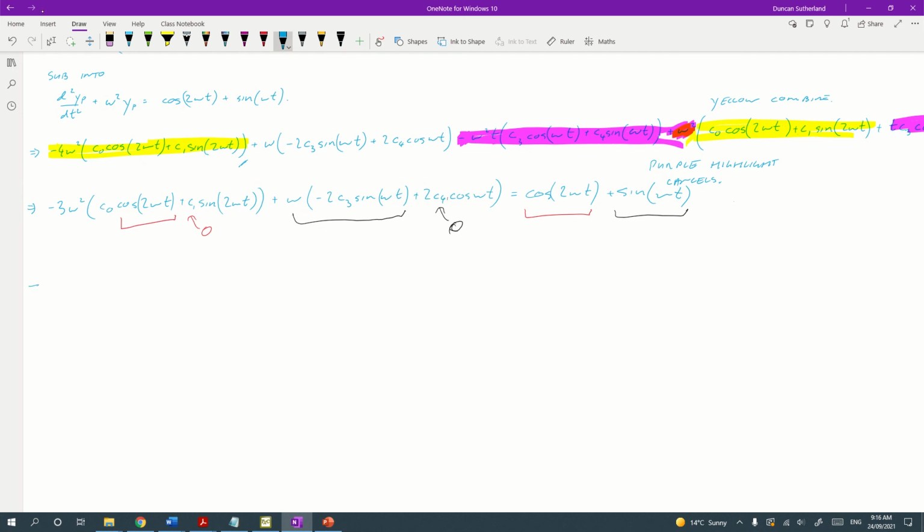So we now have minus 3 omega squared c naught cos 2 omega t equals cos 2 omega t. And minus 2c3 omega sine omega t equals sine omega t.